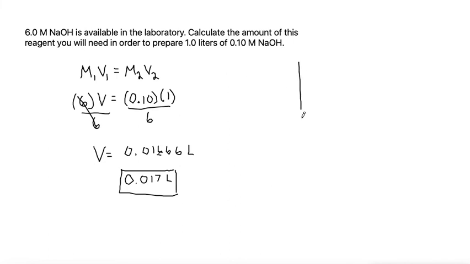So for example, if I have a 1 liter flask that has the little mark at 1 liter, then I would measure out my 0.017 liters and I would put that into my flask. Then I would fill the rest of that up with DI water until you reach the line. And that's how I would prepare this diluted reagent.